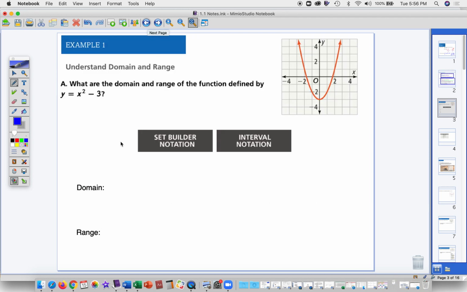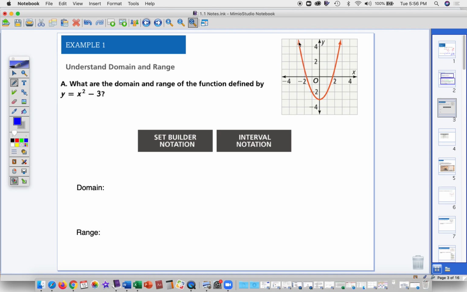So let's look at some problems where we're asked to describe the domain and range. So here we have the function x squared minus 3. X squared minus 3 is the graph of a parabola. So if we start with domain, remember what we talked about on the previous slide, you want to go from left to right. Where is my furthest point to the left on the graph?